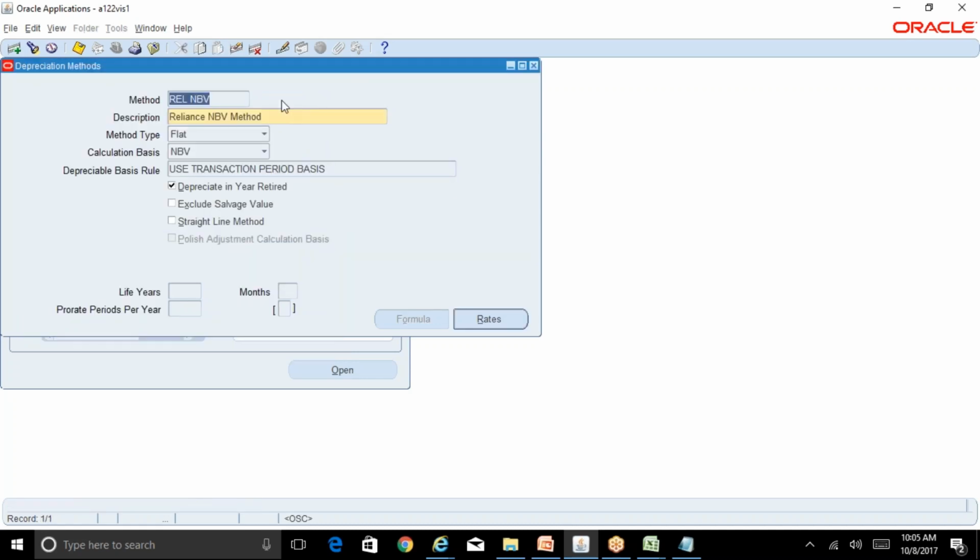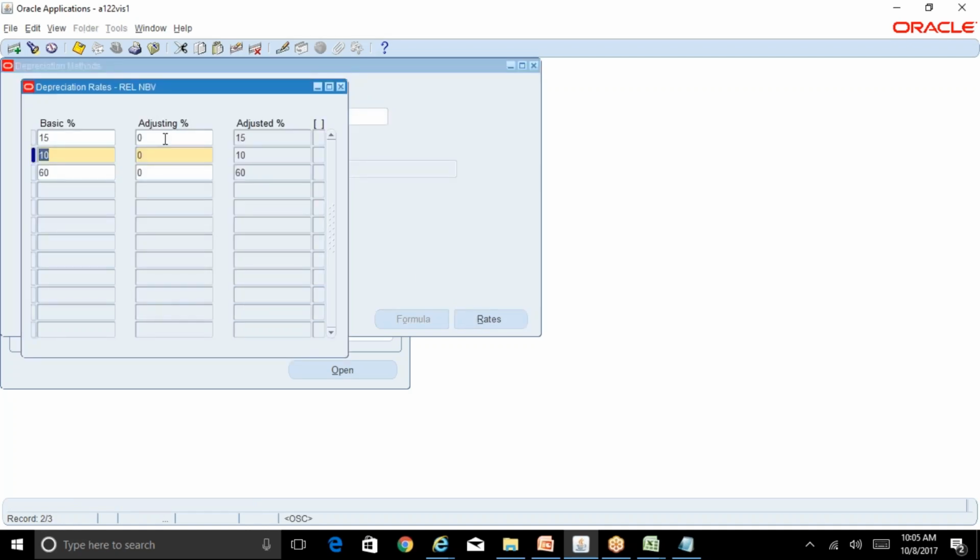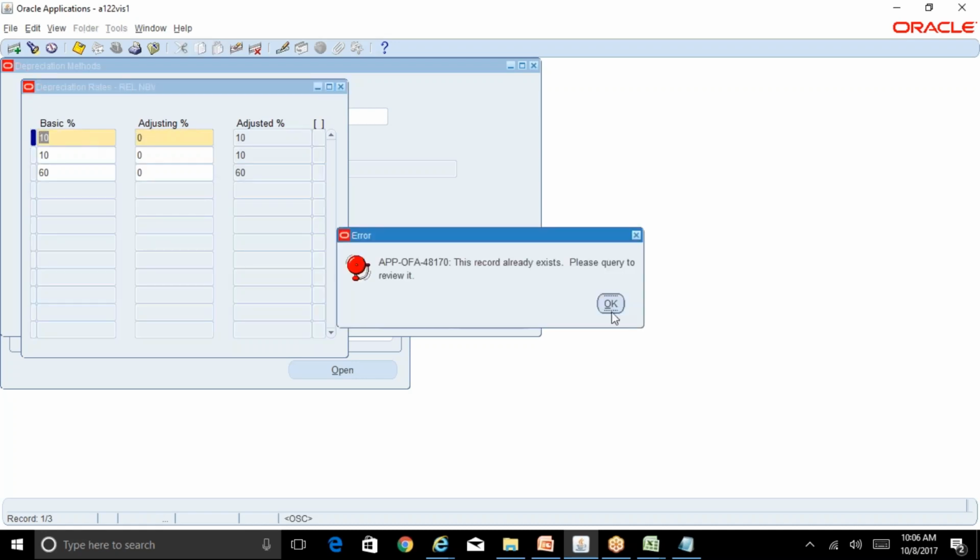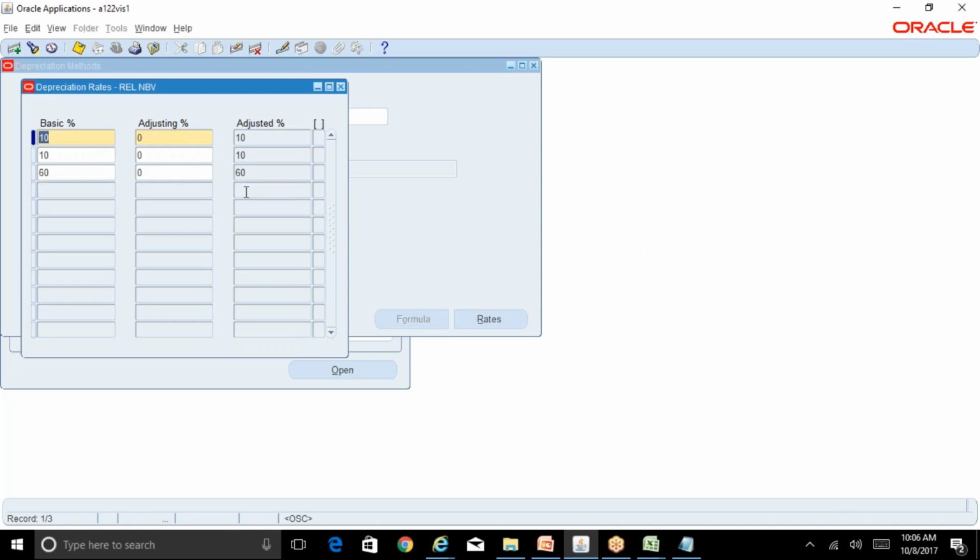Arvind, what is the actual business case where we wanted the basic and adjusting percentages? Is there any specific reason? That's what I'm trying to say. Even I never came across any situation wherein they were using that. As I said, if you really want to use that, take an example: this is 20%, and if I say 50%, it is actually coming to 30%.